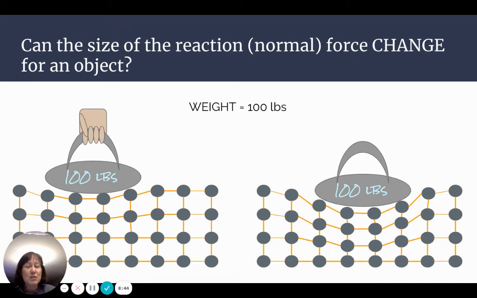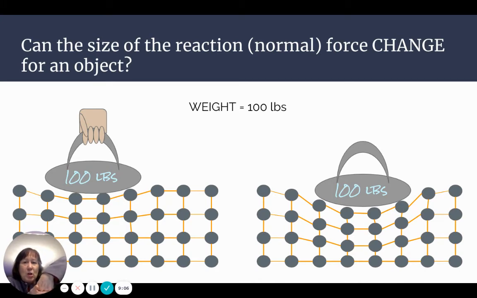So can the size of the reaction or normal force change for an object? And the answer is absolutely. We can imagine that I'm holding a 100-pound weight, and I'm barely holding it on the surface of a table. Weight is the force due to gravity.